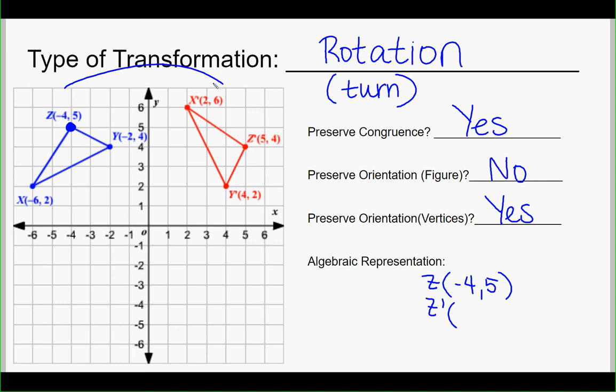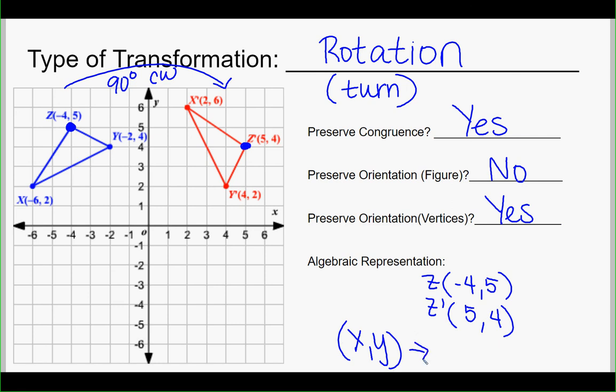A 90 degrees. Clockwise or counterclockwise? Clockwise. This is a 90 degrees clockwise rotation. If we look at the new Z, the Z prime, it's now at 5, +4.